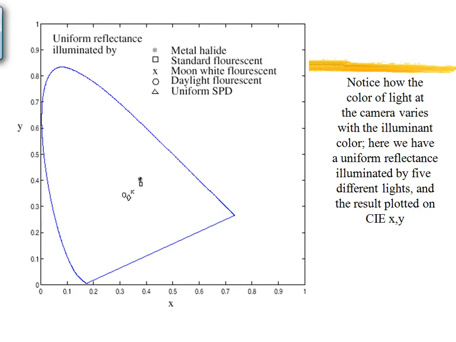Now, if I were to look at the actual sensed color in some normalized color space, in this case my CIE XYZ space or xy space, I would find that if I have uniform reflectance coming off of some object, but my light source is changing, the color that I perceive under different light sources will actually vary, will move around in that space.